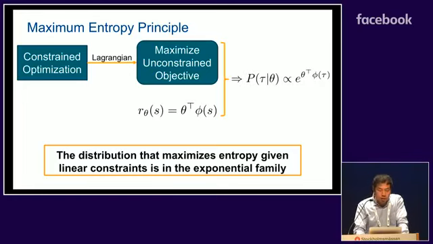In particular, if the reward is linear in the known feature, as we discussed before, then the max entropy distribution of trajectories, given the reward parameters theta, will depend exponentially on the inner product of theta and the feature of trajectory tau.